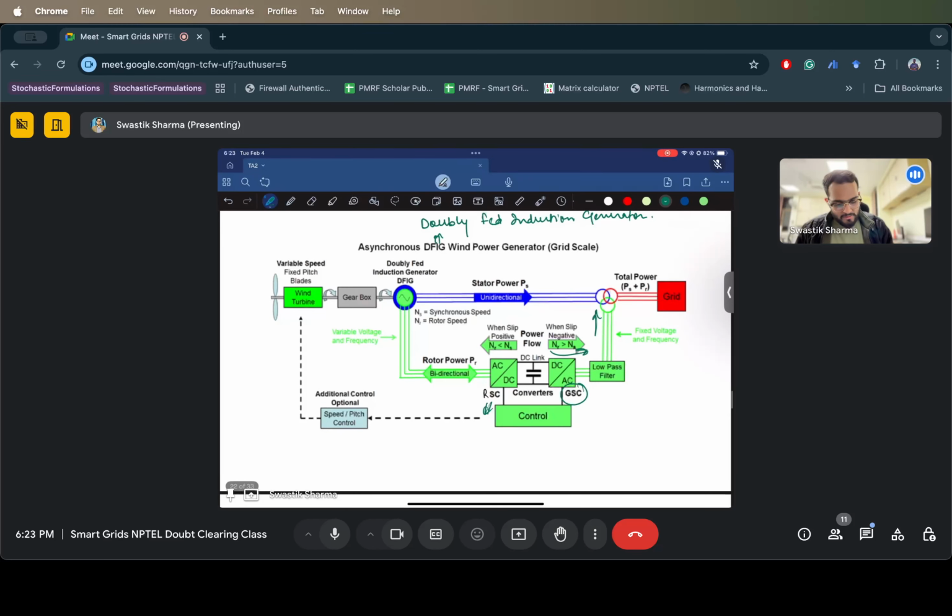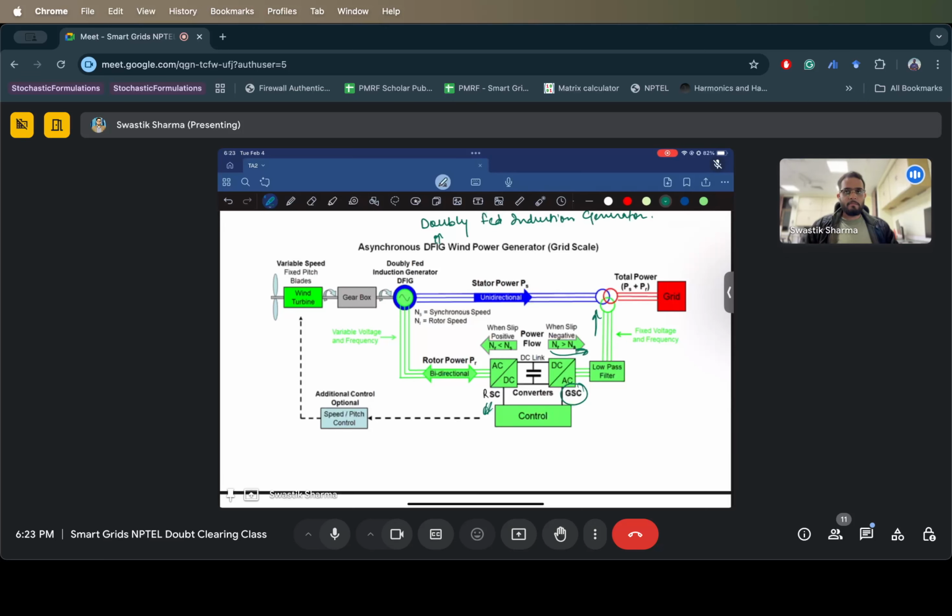So this is what the usage is. You have a grid side converter and a rotor side converter, and by using their bidirectional features, you can have a fixed voltage, fixed frequency operation.